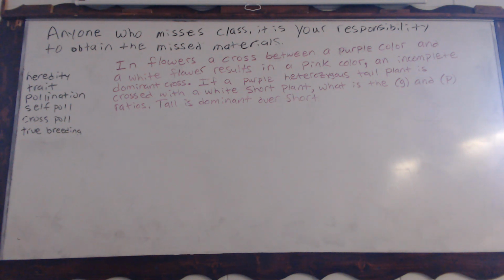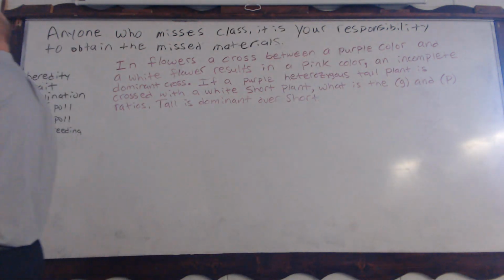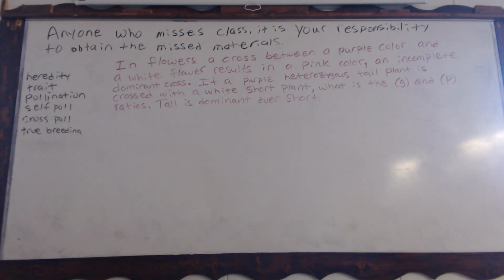That's not the case here. It says incomplete dominant cross. Okay? So you can contrast that with what we consider a completely dominant cross between tall and short, because at the end, it says tall is dominant over short.